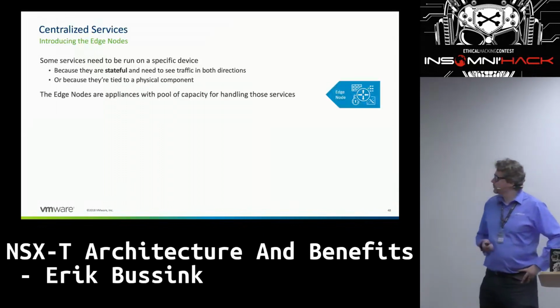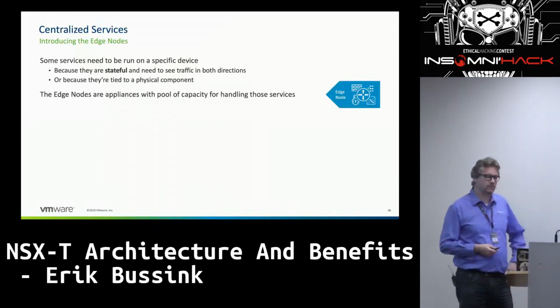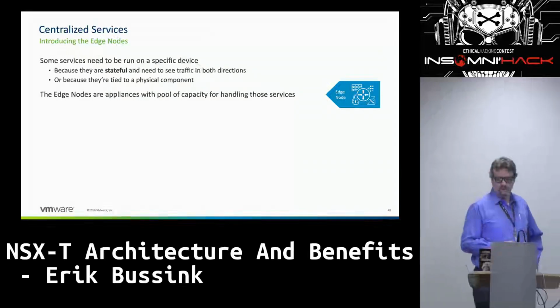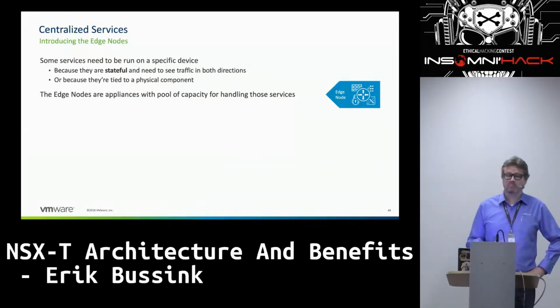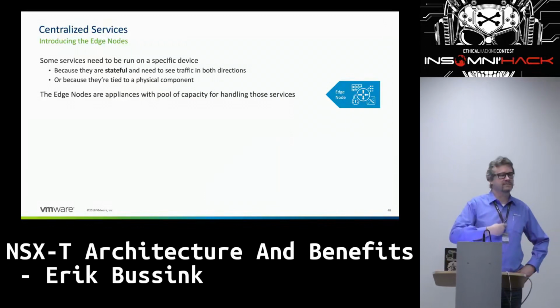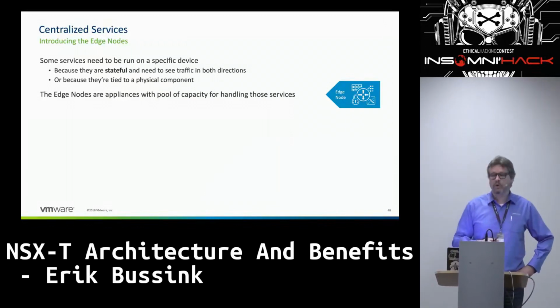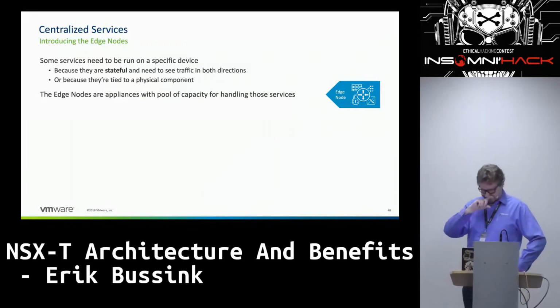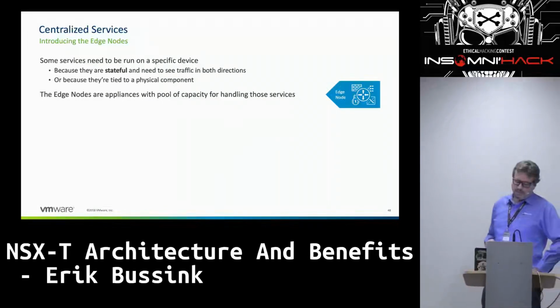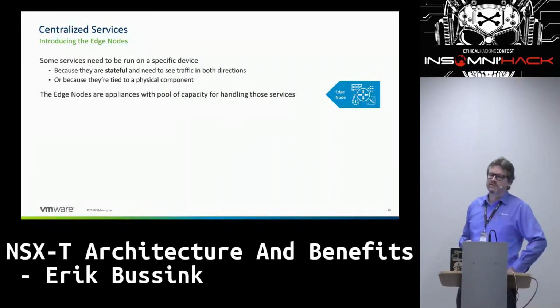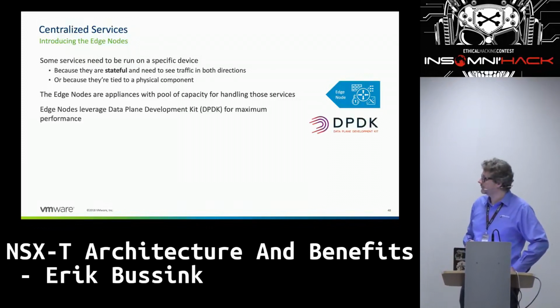We will distribute those functions in those edge nodes. Those edge nodes I mentioned early on can be either VMs that will have the connectivity to the physical network or physical servers. So functions will be distributed across the environment and in these edge nodes.